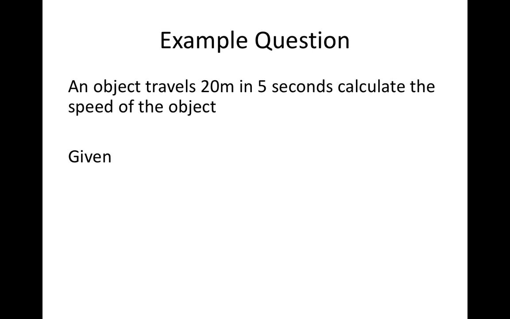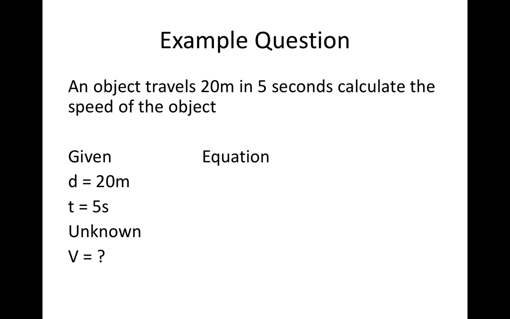It says the object travels 20 meters, so that's your distance. And it says it travels in 5 seconds. You can look at the units. The units will tell you what the measurement is. So seconds is time. So t equals 5 seconds. And it says calculate the speed of the object. So that's what we're looking for. We're looking for v, our unknown. So you can write v with a question mark.